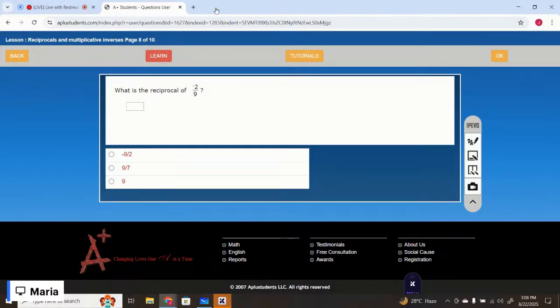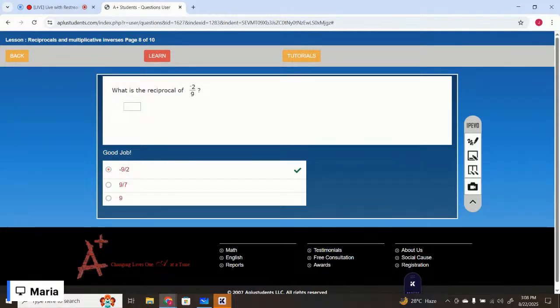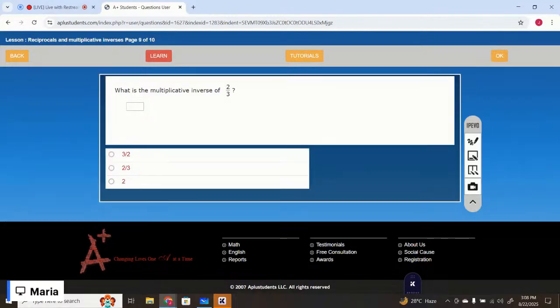The reciprocal of negative 2 by 9 is negative 9 by 2. Option number 1 is the correct option. What is the multiplicative inverse of 2 by 3? That is 3 by 2.